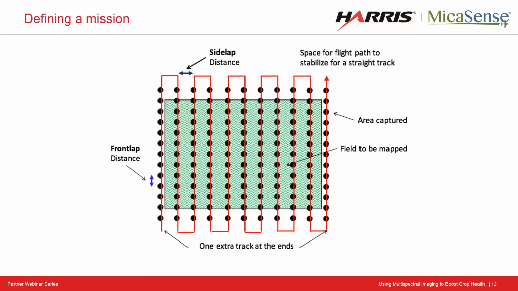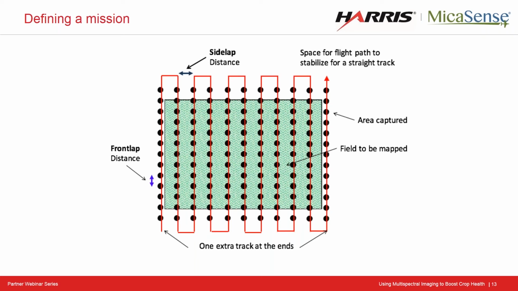Another thing to keep into consideration is defining a mission. Probably most everyone on this call knows that if we're collecting data, it's going to be with an autonomous mission. We're not going to be doing any manual flying. When we set up the grid for the mission, the first thing to keep in mind is we want to make the grid a little bit bigger than the area that's being collected, so we have a uniform orthomosaic as an output.